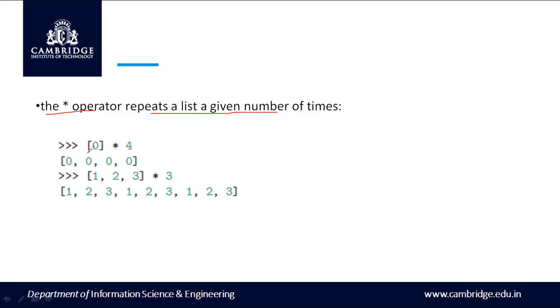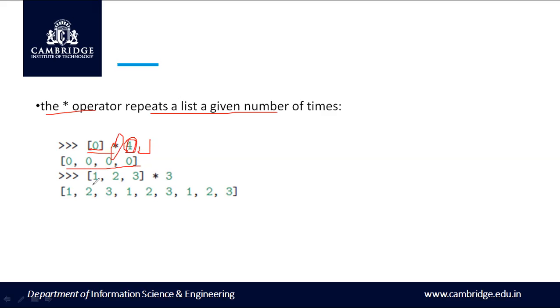Here we have a list with one item, 0. We have the repetition operator, star, and this number specifies how many times this particular list item has to be repeated. When I execute this statement, you can see 0 being repeated 4 times, because we have specified the number 4.